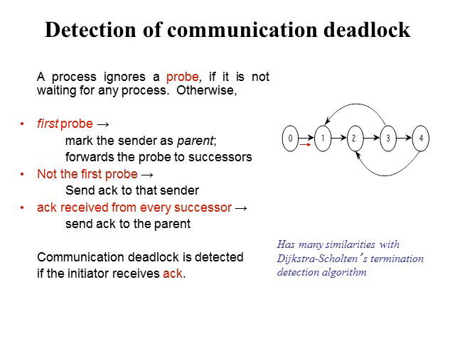Now, what happens if this is not the first probe? Then it will simply send an acknowledgement to the sender indicating that it received a probe. Now, what happens when the sender process receives an acknowledgement from every successor?